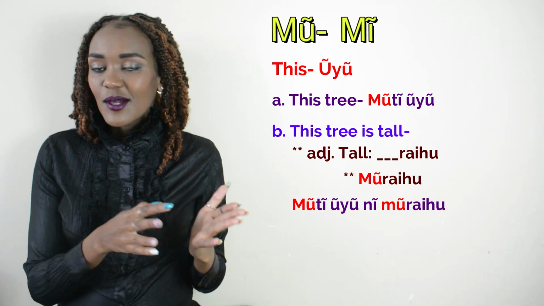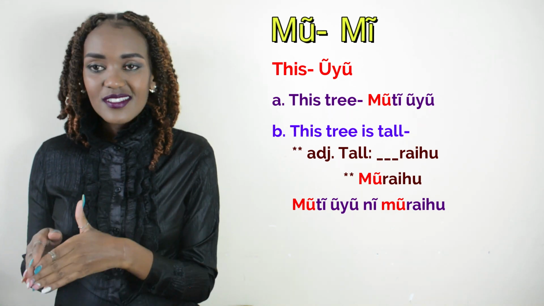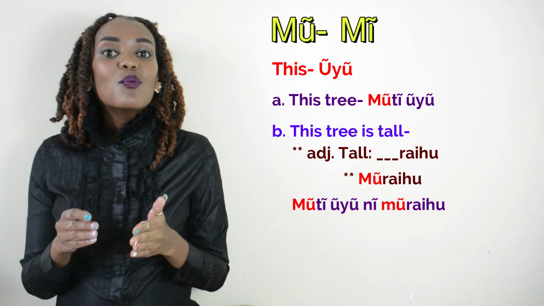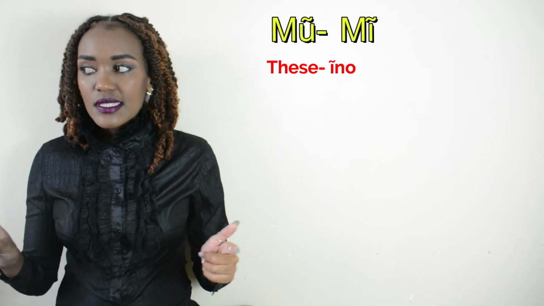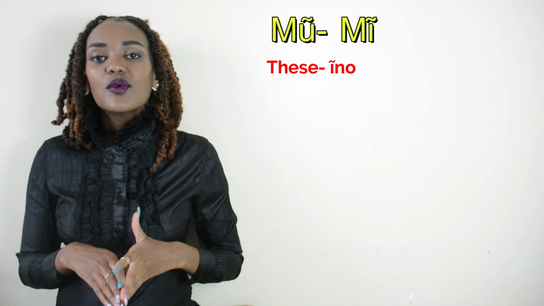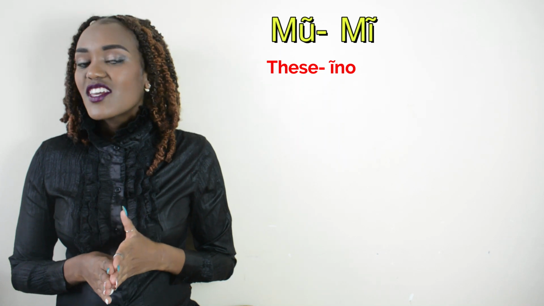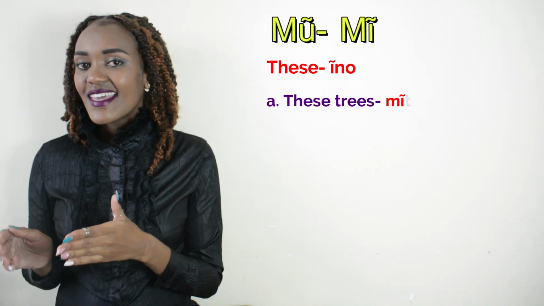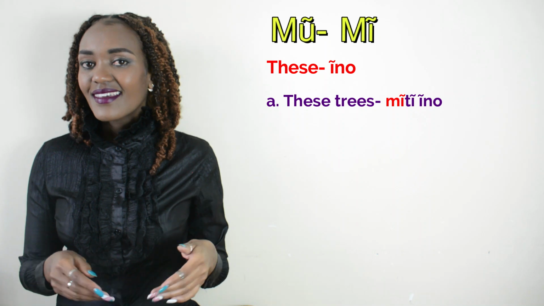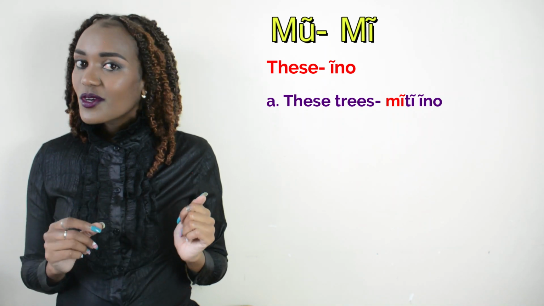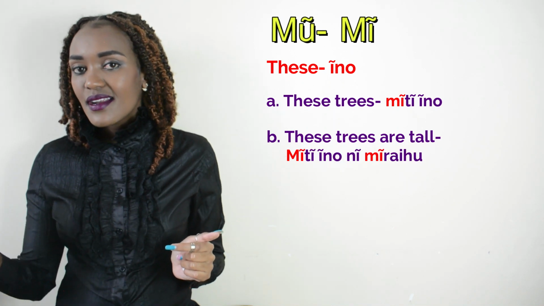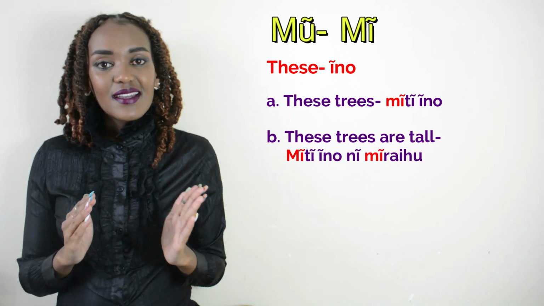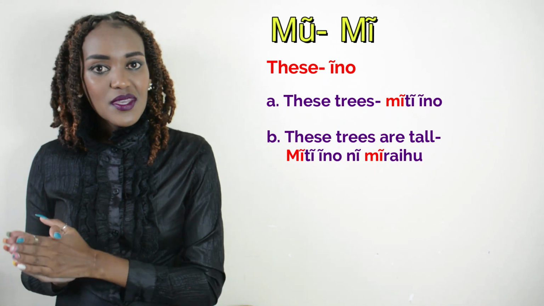So mote moraihu, a tall tree. What do you think would be the plural? If we want to say these, we are going to say eno. So we're going to say mete eno ne meraihu.